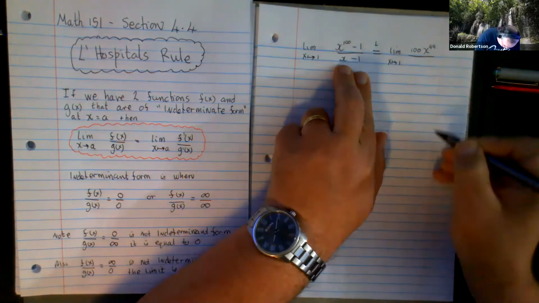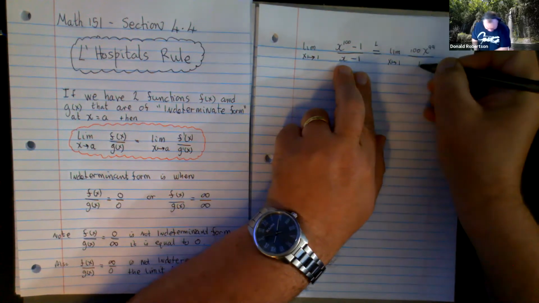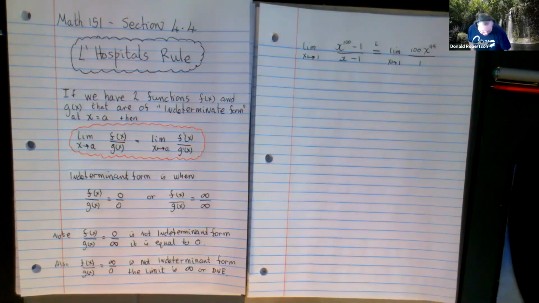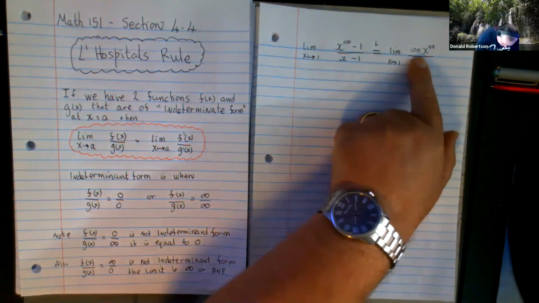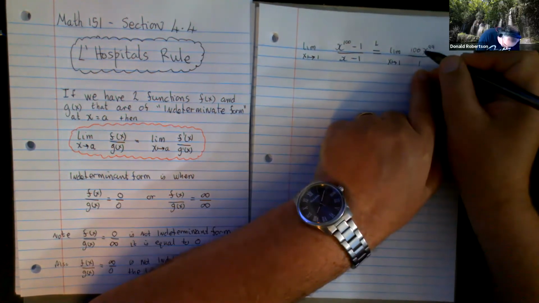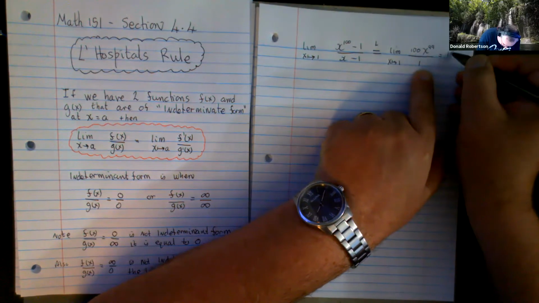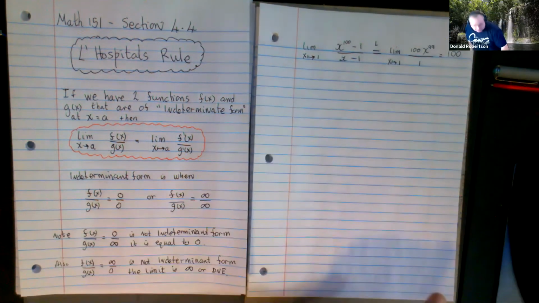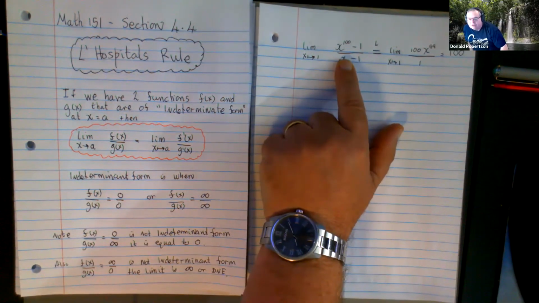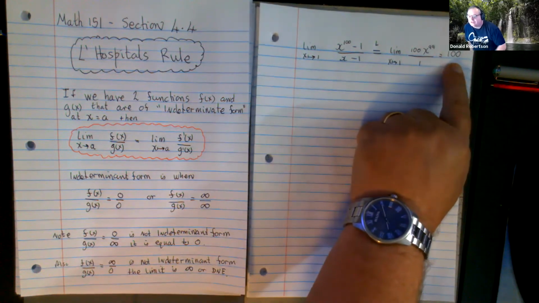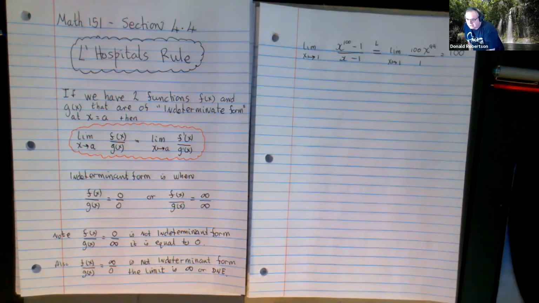And if you differentiate the bottom guy, it's 1. Now, plug in 1 here. You get 100 times 1 to the power of 99, which is just 1. You get the answer 100. So we have just found the limit of this fraction, and the answer was 100. That's pretty cool, right? Pretty smooth.